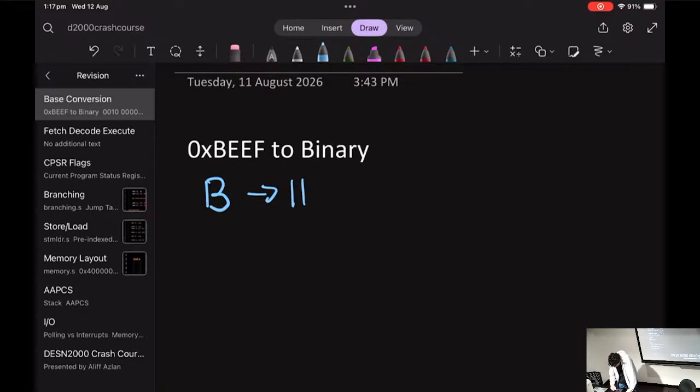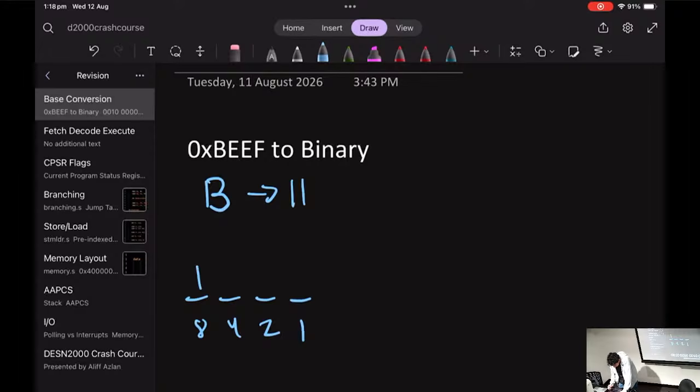If you remember your binary, hex is 4 bits, so we have the 8-bit, the 4, the 2, and the 1. To convert, we just look at the highest bit. Let's say 8, and we see if it fits within 11. Does 8 fit in 11?